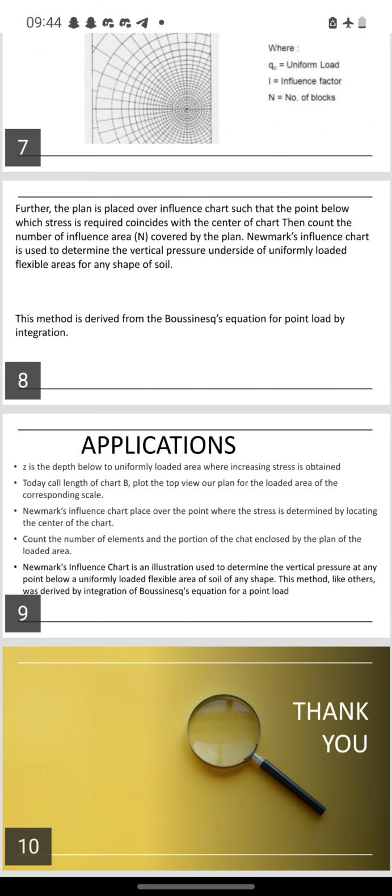First point, z is the depth below the uniformly loaded area where the increase in stress is obtained. Second point, take the length of the chart as AB and plot the top view of the plan for the loaded area at the corresponding scale.